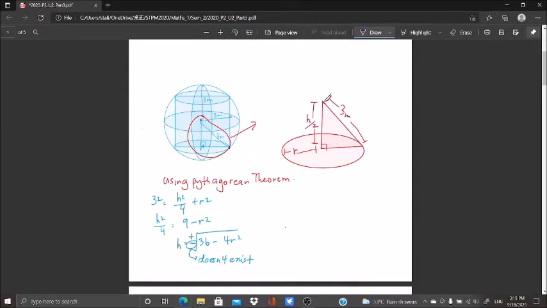So this is the radius of the sphere. And from the center down to the bottom of the cylinder is half of the height of the cylinder. Do you agree? Because the cylinder is inscribed, the bottom of the cylinder can't touch the bottom of the sphere.